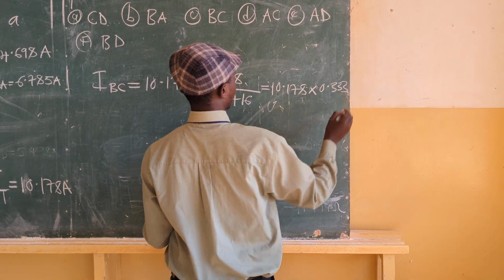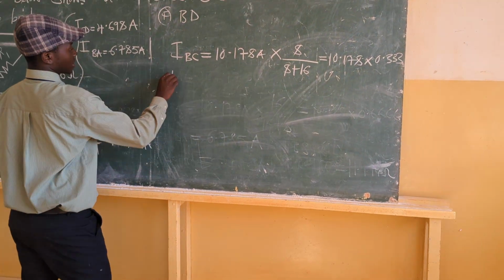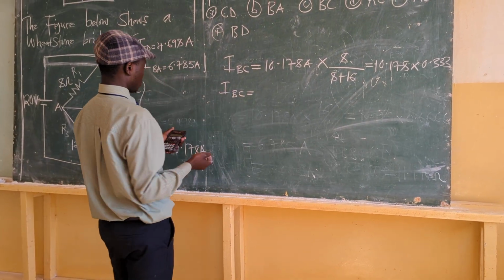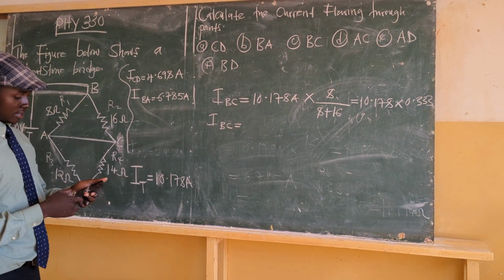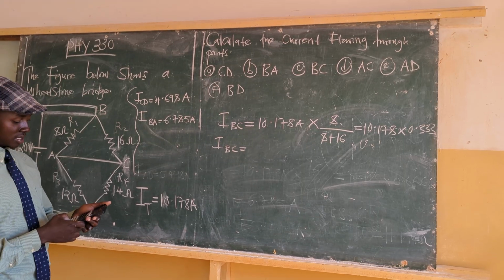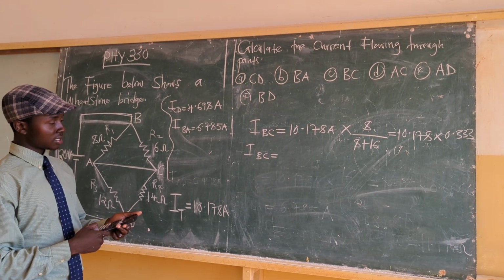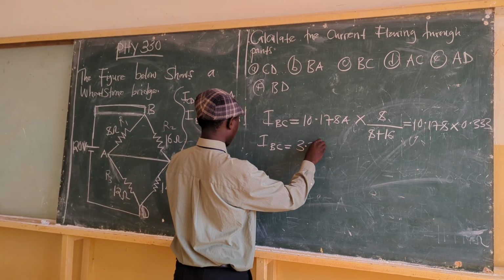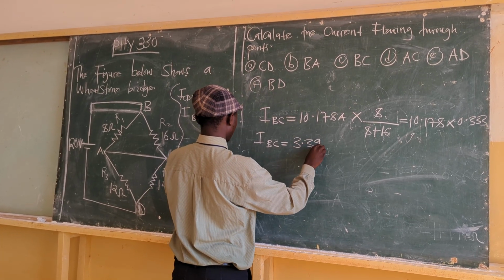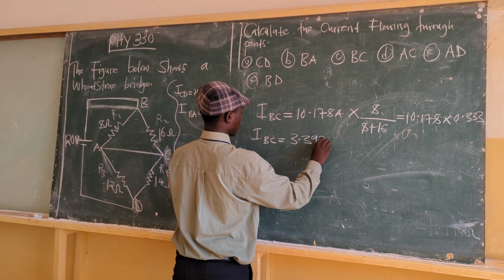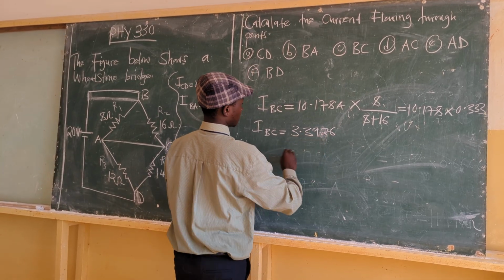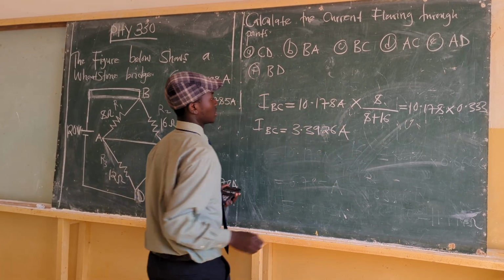Keep going like that. Current at BC, we multiply by 10.178. This gives us 3.3926 amps.